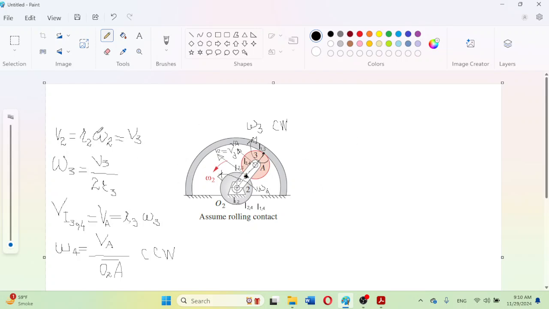So in this way, the instant center has helped us very easily to calculate all the linear and angular velocities and directions of rotation. This is the beauty of the technique of instant centers. Otherwise, analytically we would take a lot of time using the relative velocity method.